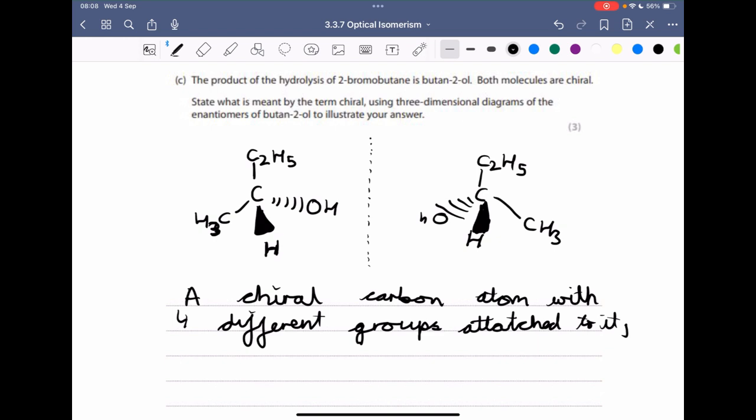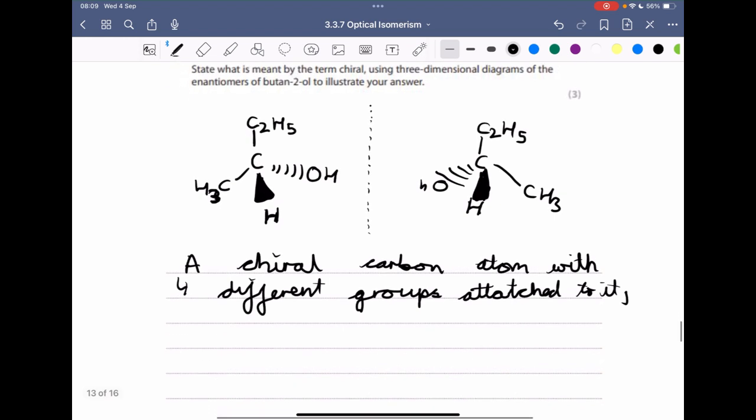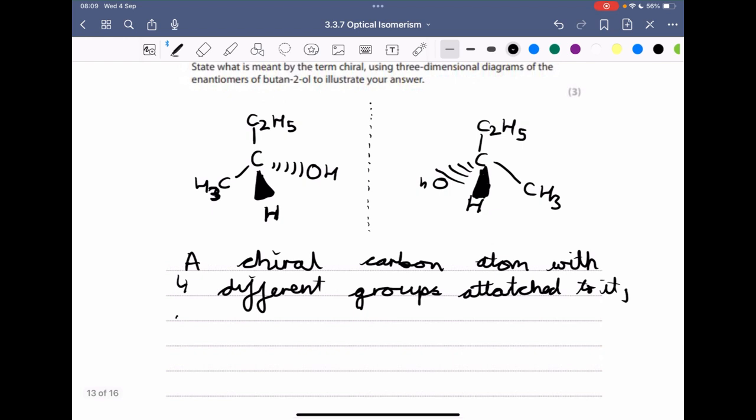Just to get all the marks, I'm just going to say it forms isomers which are non-superimposable.